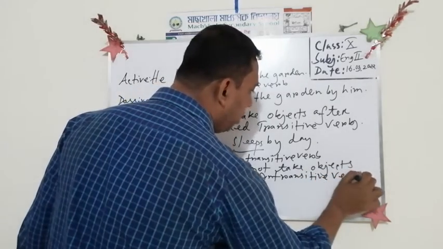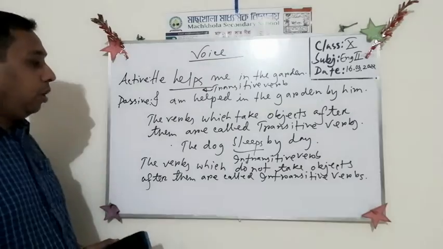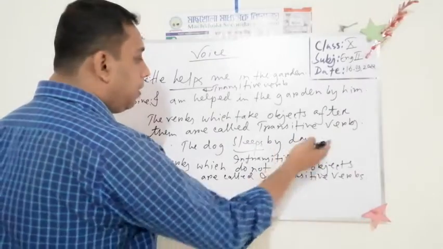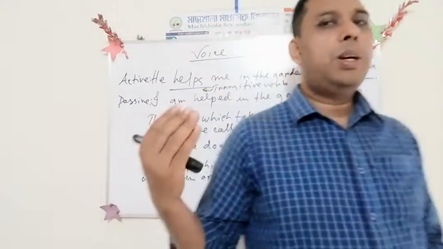Okay, so this is an intransitive verb because there is no object after it. There is an extension, but it is not an object.